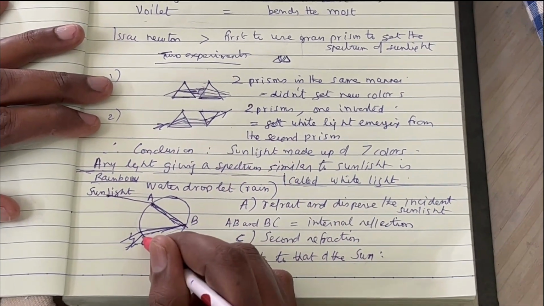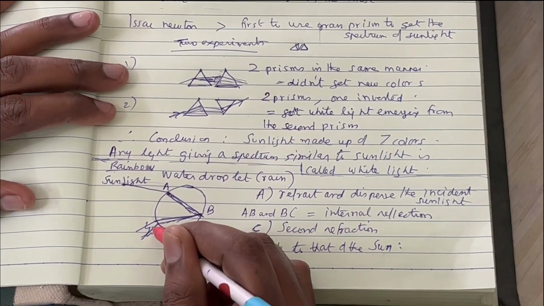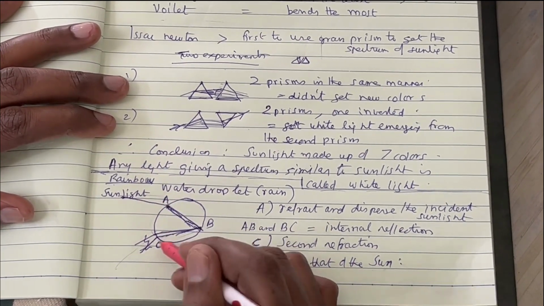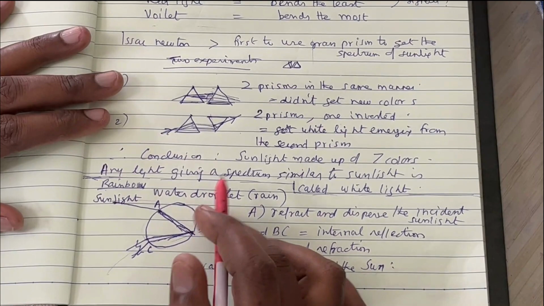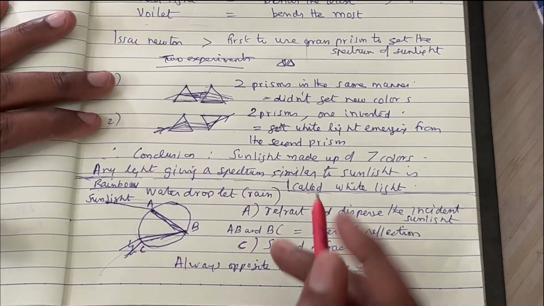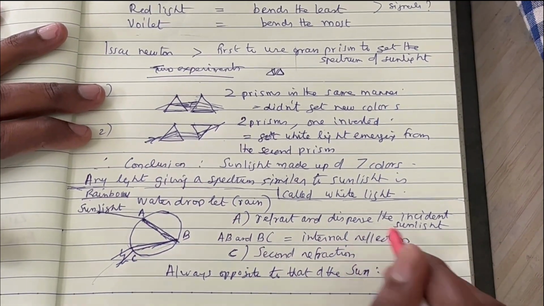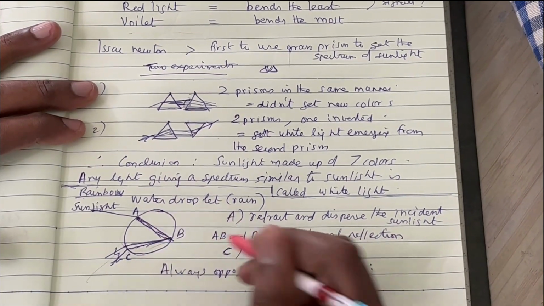But at point C, there's another refraction and the colors are coming. So there are 2 refractions happening at points A and C, and B is basically a reflection.